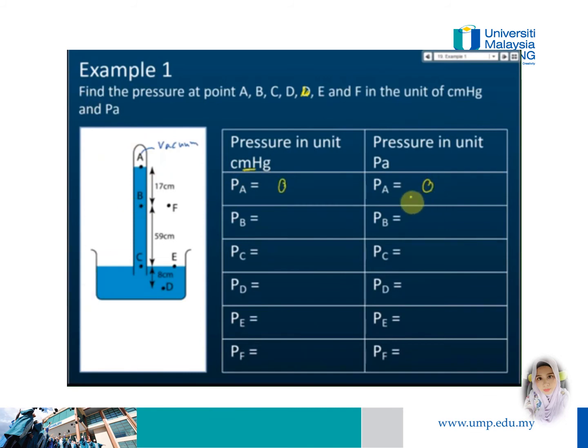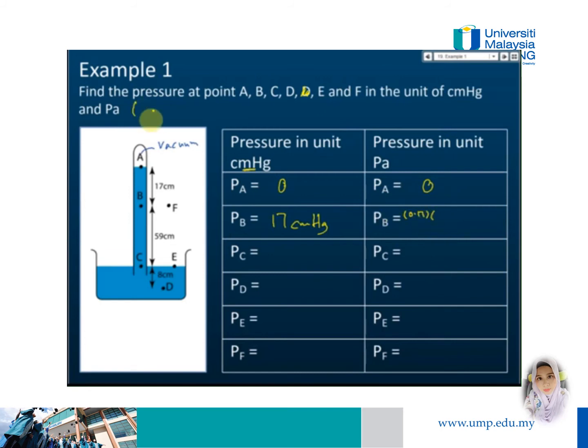How about the pressure at B? It's 17 cm from the surface, so it's 17 cm mercury. Then how about the pressure in Pascal? Now you can do this by using h rho g. The h is 0.17. The rho is the density.